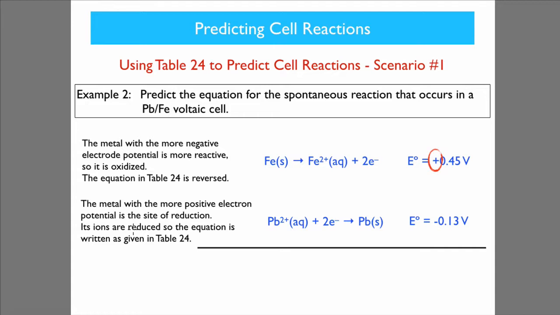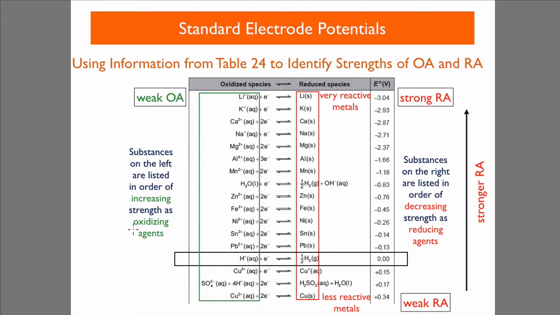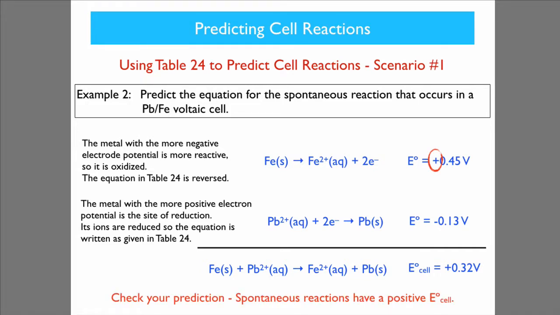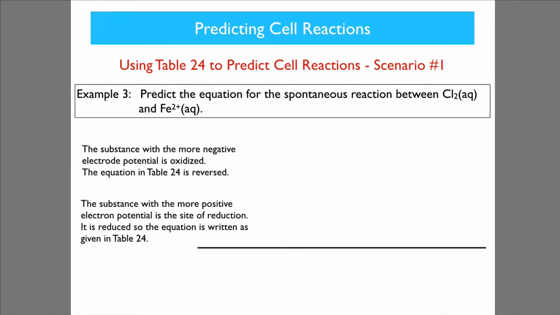Let's add those equations together, and then we can add the cell potentials together. Plus 0.32, so it's positive, and therefore a spontaneous reaction.